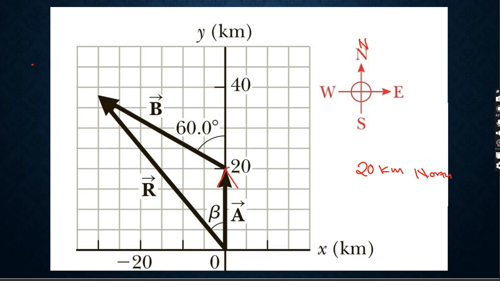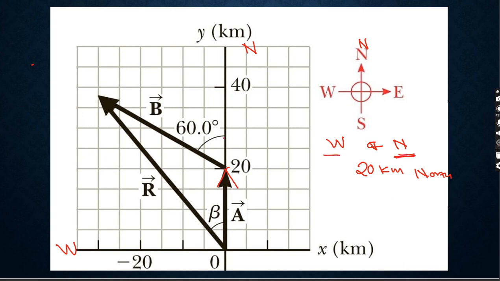Now the second motion was moving west of north, but at an angle of 60 degrees. Here you have our west, and on top we have north. When you say the vector is moving west of north, it means it is in between west and north, but the angle is closer to north than west.